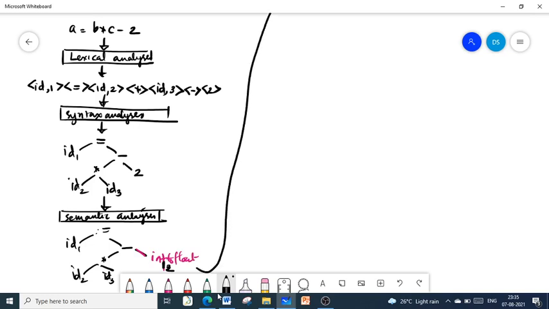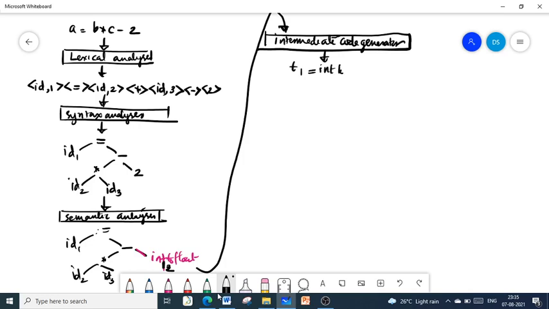This will be given as the input to the intermediate code generator. From that we will get the output as t1 equals int to float of 2, t2 equals id2 star id3, t3 equals t2 minus t1, id1 equals t3.